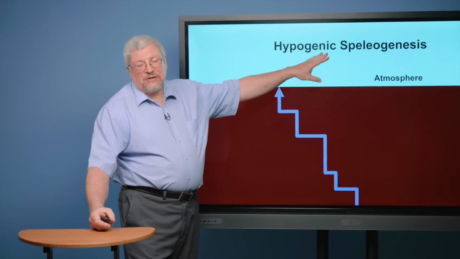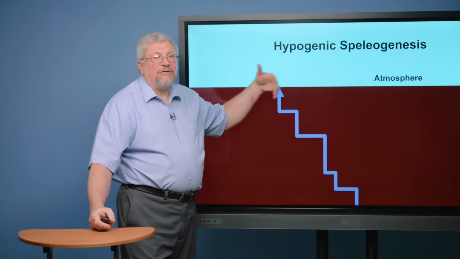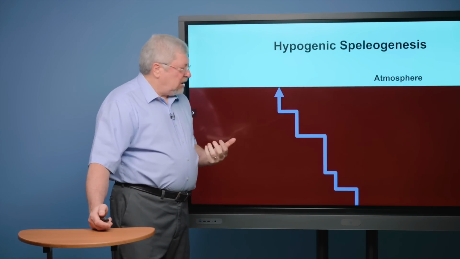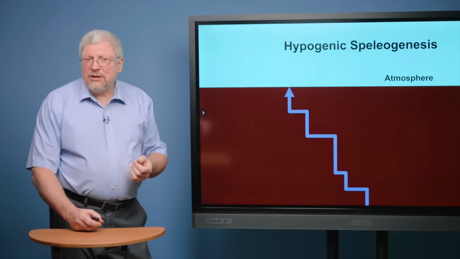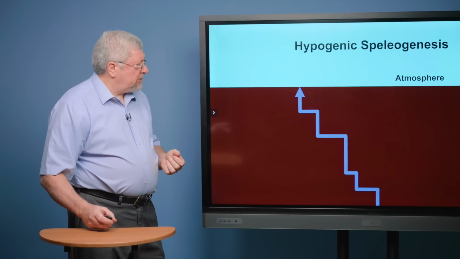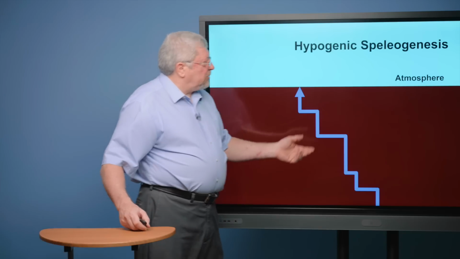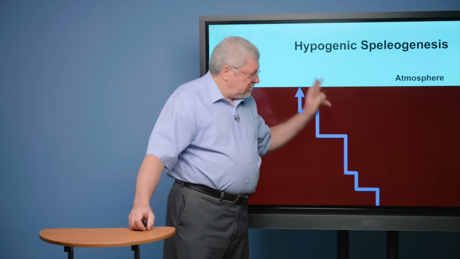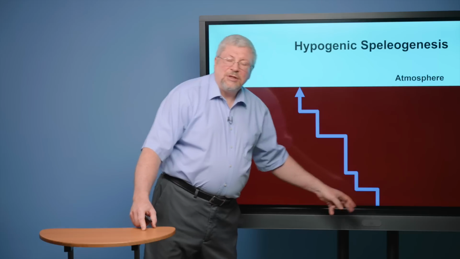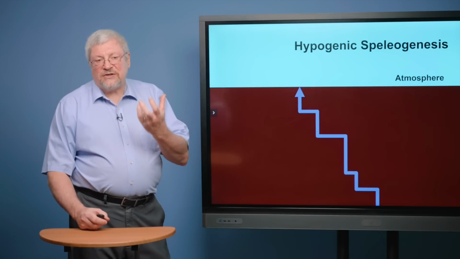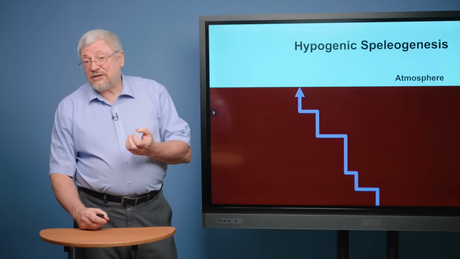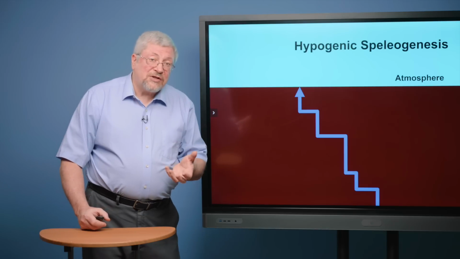Hypogenic speleogenesis is an alternate theory for the origin of caves. It's become popular in Europe. It was introduced, I think, in Europe a few decades ago. The idea is that the waters are not coming from up above, they're actually coming from down below. The waters are rising, sometimes hot, but very often very acidic.